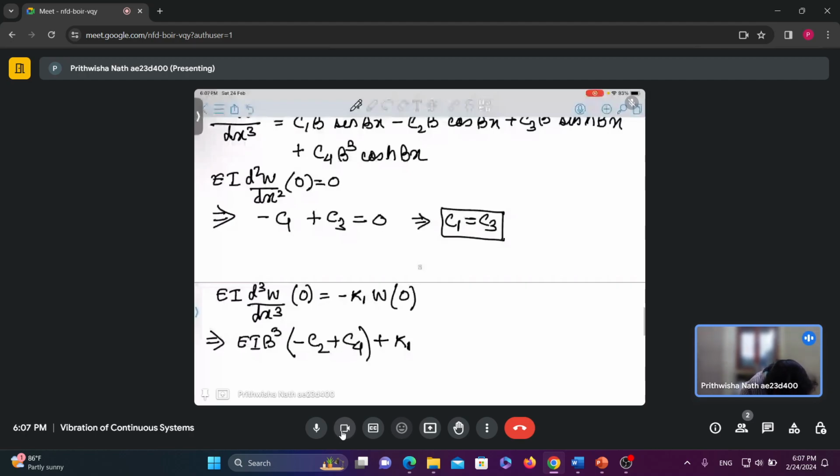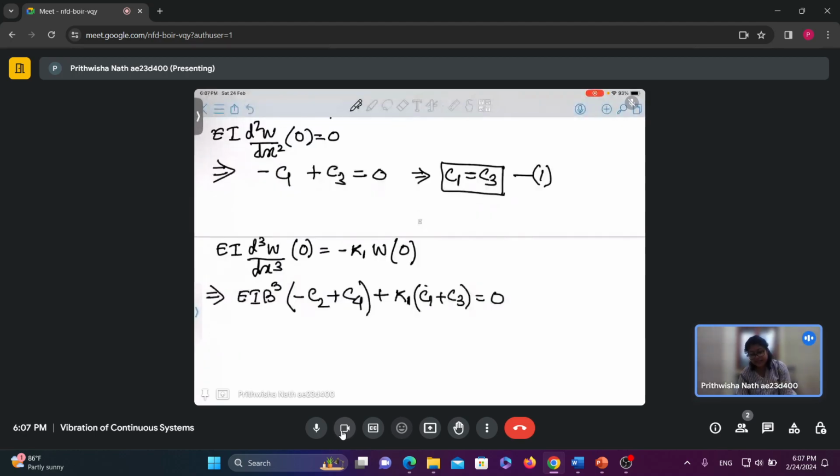Now I'll rearrange this in terms of C2, C3 and C4. Now I know that C3 equals C1, I'll put it here.